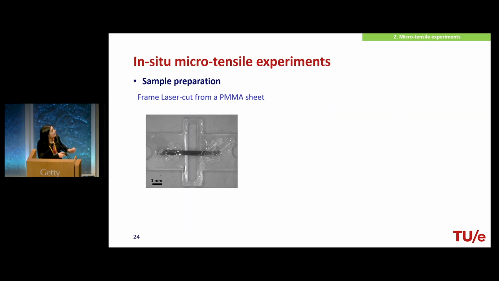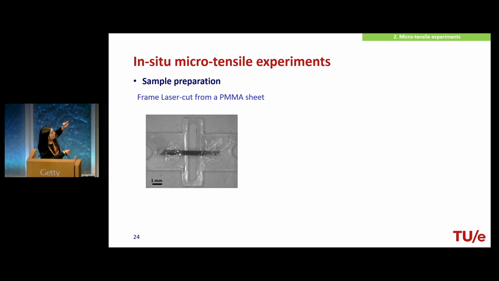Okay, so next, how do we prepare the sample? We have these paint films, and we cut them to a very small size. You can see the length scale here: this distance is about 1 millimeter, and the width of the sample is about 0.5 millimeters. So it's still very far from being microscale, but we are getting closer.